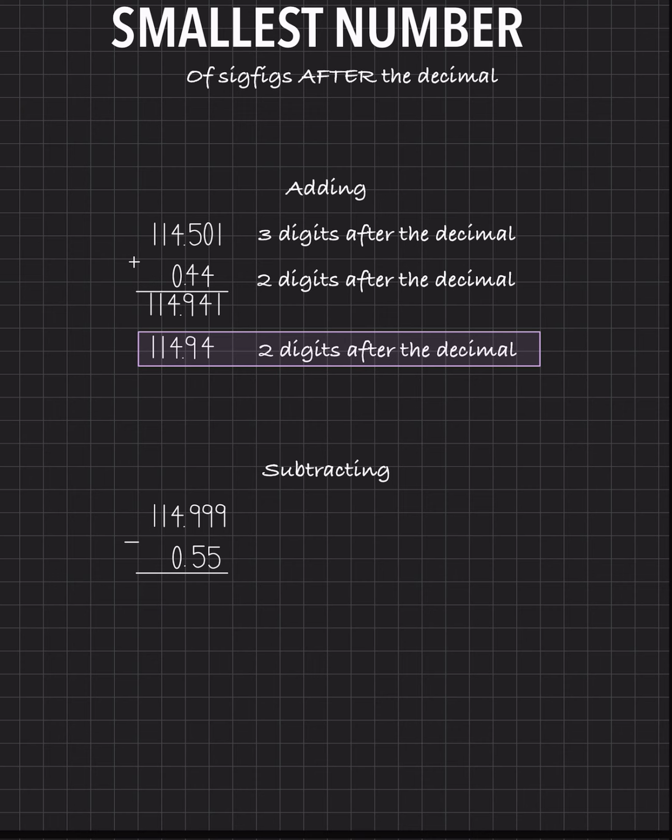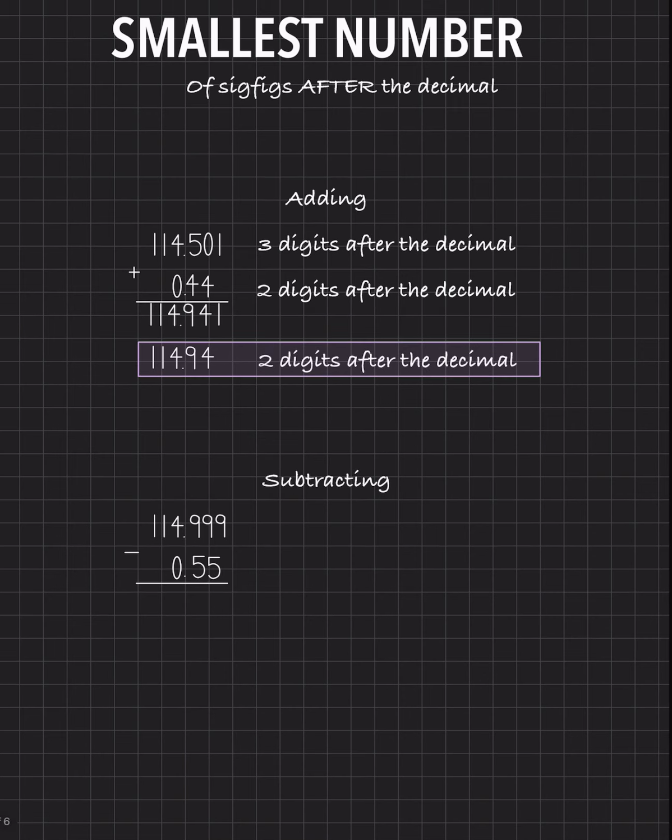So just trust me with the math. So I had 114.941, but again, my lowest number was 2 digits after the decimal. So my answer needs to be 2 digits after the decimal. And again, I rounded down because 941, so I rounded it down to the 4. Now, if I had a 0.945, then it would be 0.95.